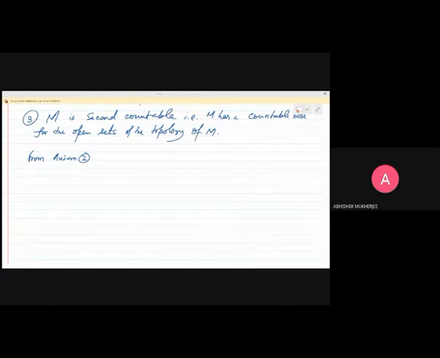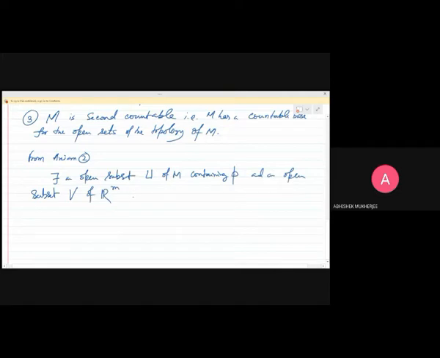So there exists an open subset U of M containing P and an open subset V of Rm such that you can construct a homeomorphism phi from U to V.